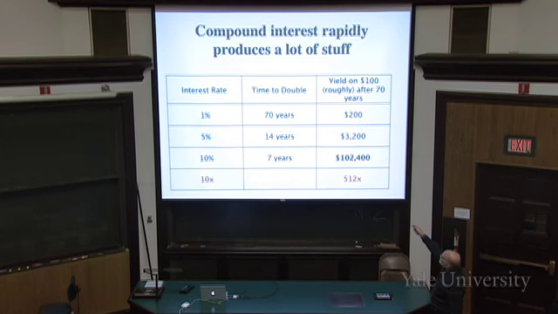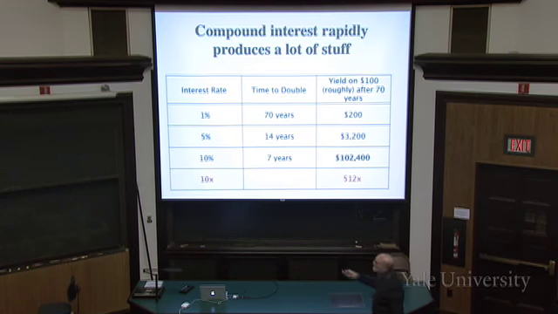You get $200 at 1% interest, and you get $100,000 at 10% interest. Okay, so a 10 times increase in the interest rate leads to a 512 times increase in the outcome. Small differences in interest rates make big differences in outcomes.